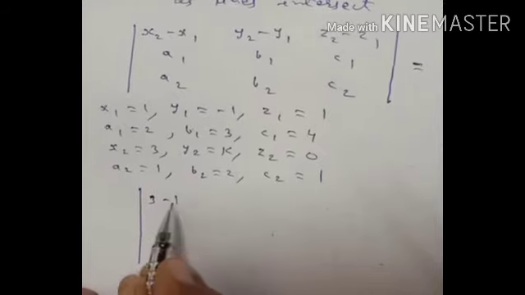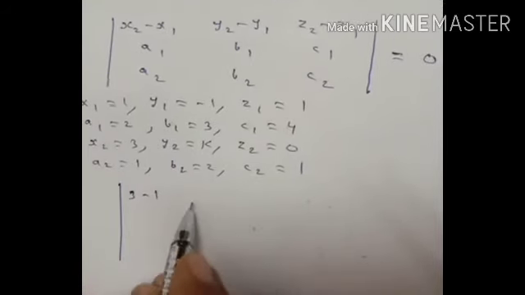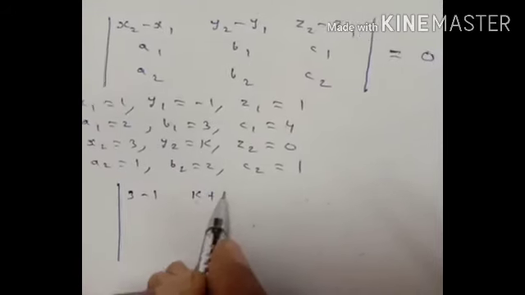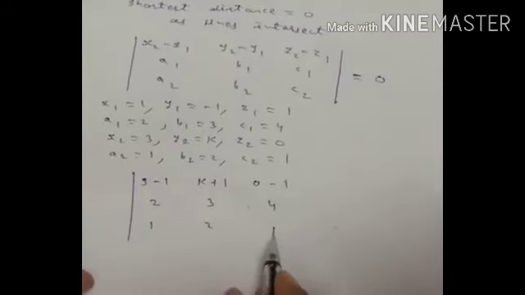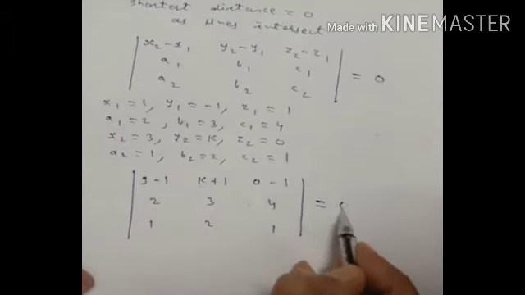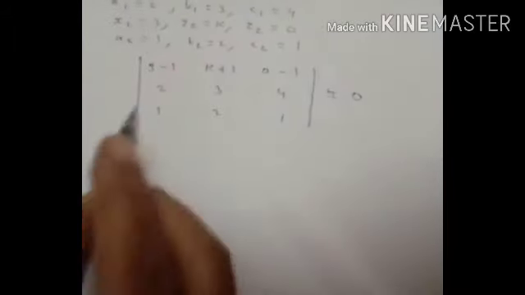3 minus 1, k minus of minus 1, 0 minus 1; second row 2, 3, 4; third row 1, 2, 1 equals 0. Evaluate the determinant.